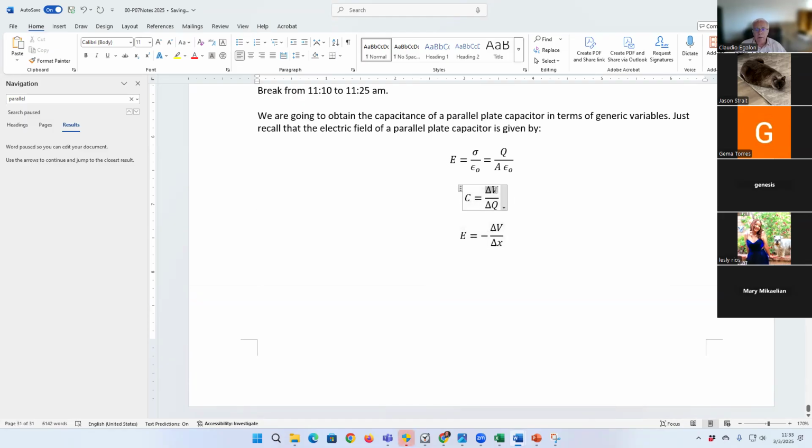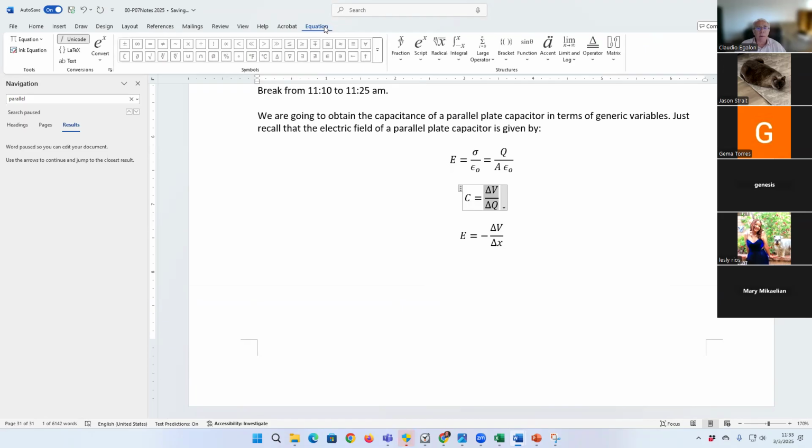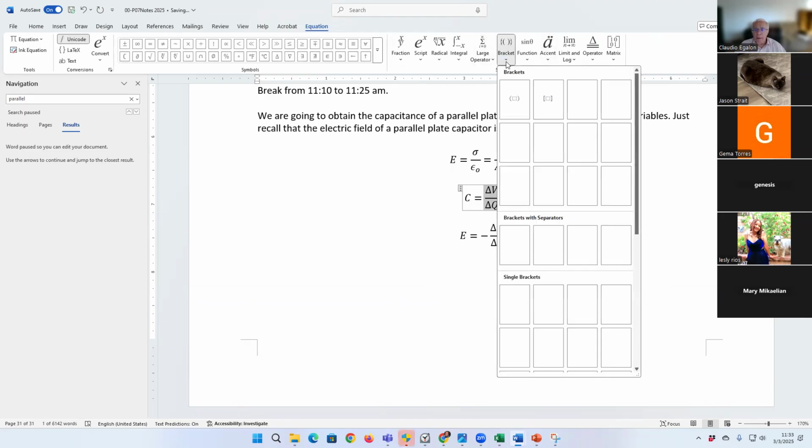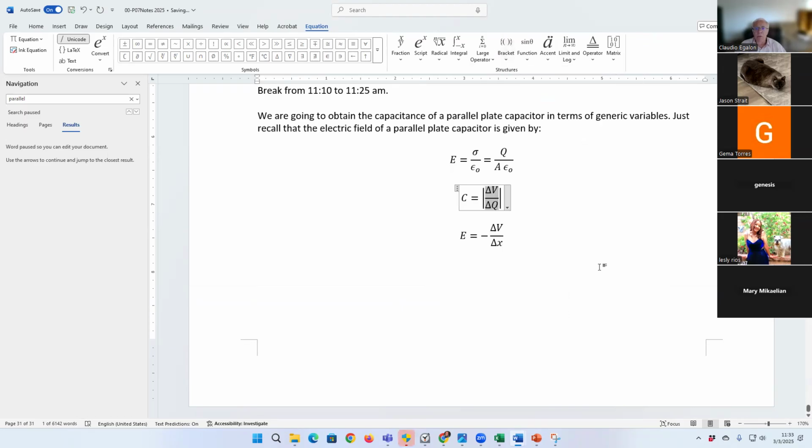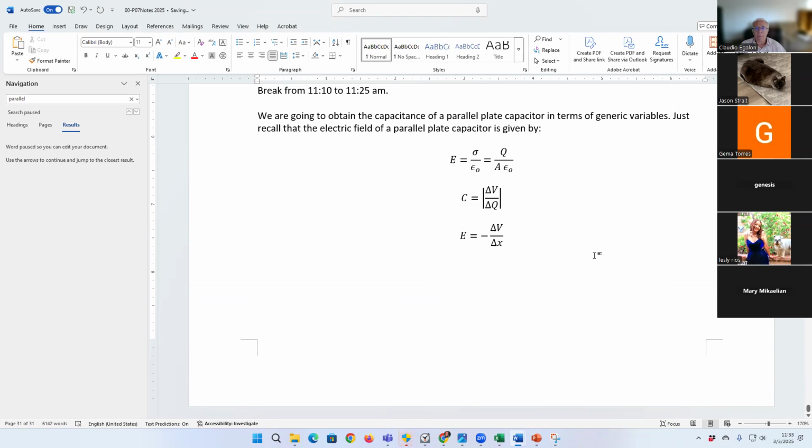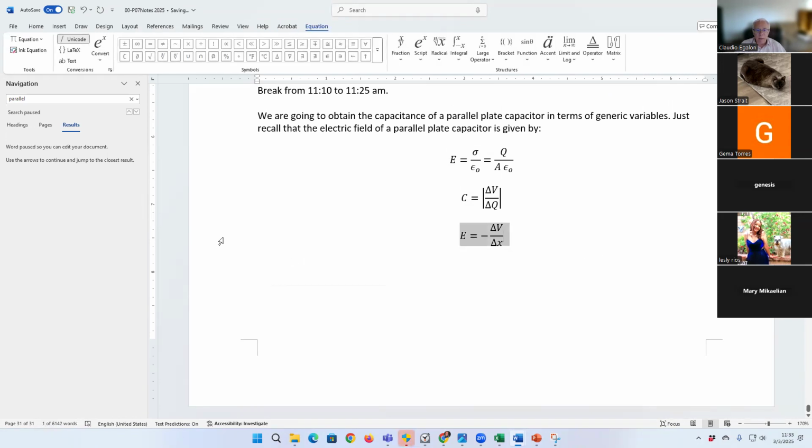So when I put delta V over delta Q here, I'm actually stating the more precise definition of capacitance is this one right in here. It's always positive, okay? Now, there is a relationship between the electric potential and the electric field, which is this one right here.